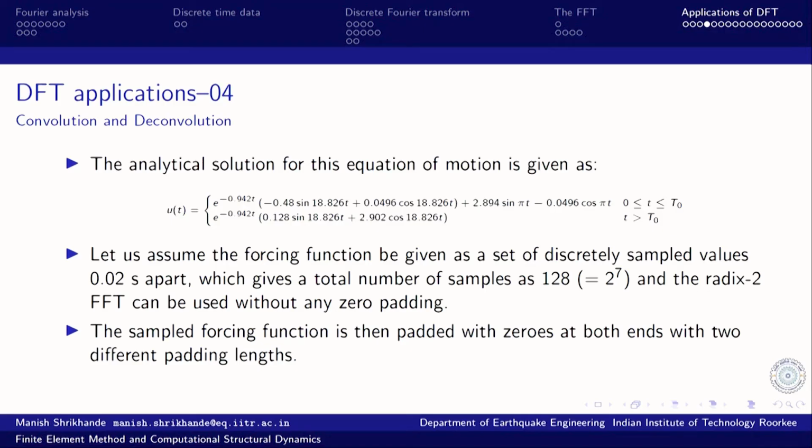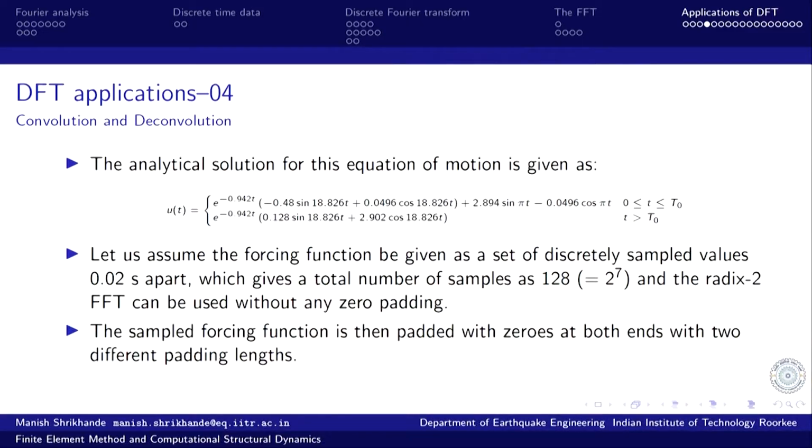The sampled forcing function is then padded with zeros at both ends with two different padding lengths. In one case we take it without any 0 padding, because the total length of data points is an integer power of 2. In the second case we add some 0s at both ends.